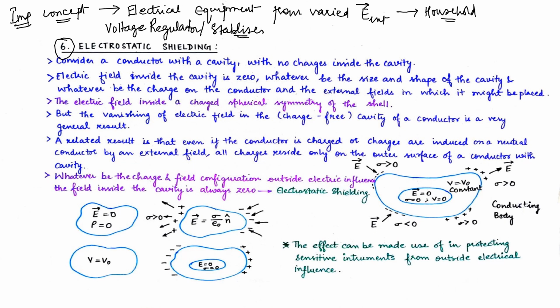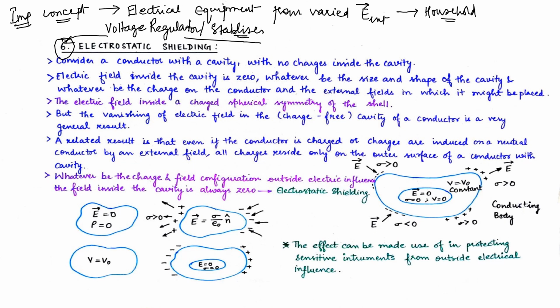Mostly this concept of electrostatic shielding is one of the ways to understand how we are protecting. Other than that, the concept of voltage regulation and stabilizers is coming in the upcoming chapters. In voltage regulation and stabilizers, one of the concepts used is electrostatic shielding, but other than that we use two more concepts.